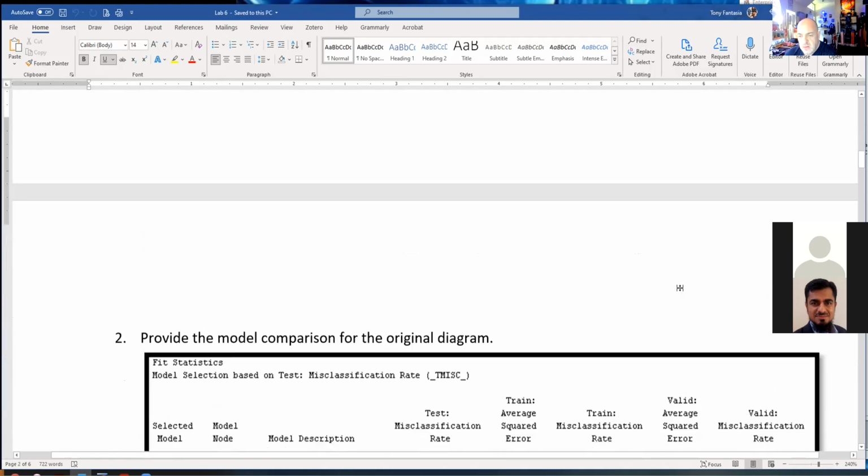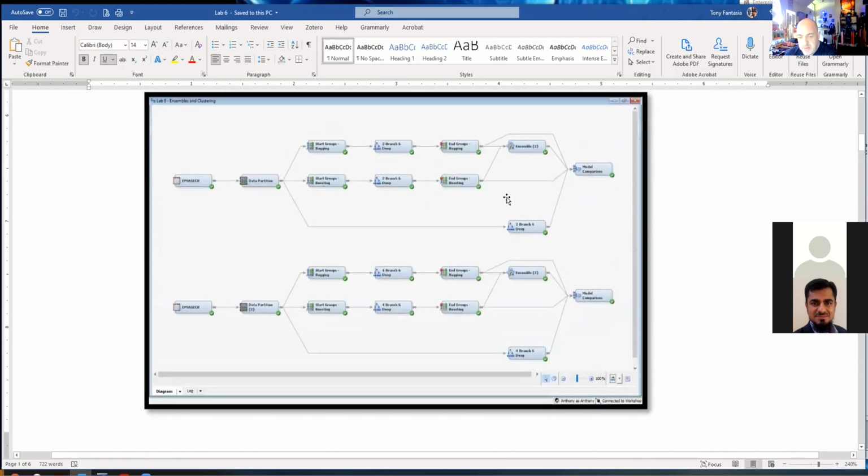So there is a difference between the top and the bottom? The differences between the top and the bottom are the new data partition node, and the decision trees were changed from 2 branch 6 deep up top to 4 branch 6 deep at the bottom. Okay.